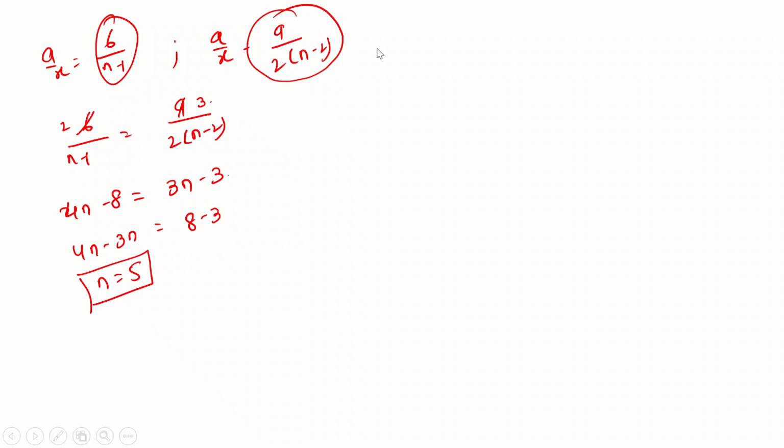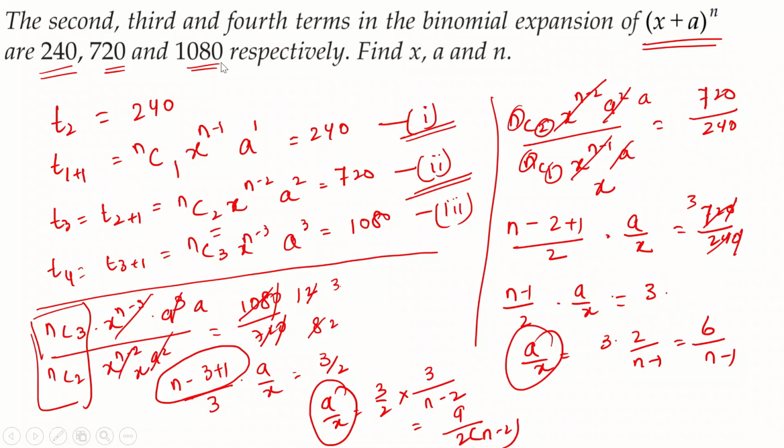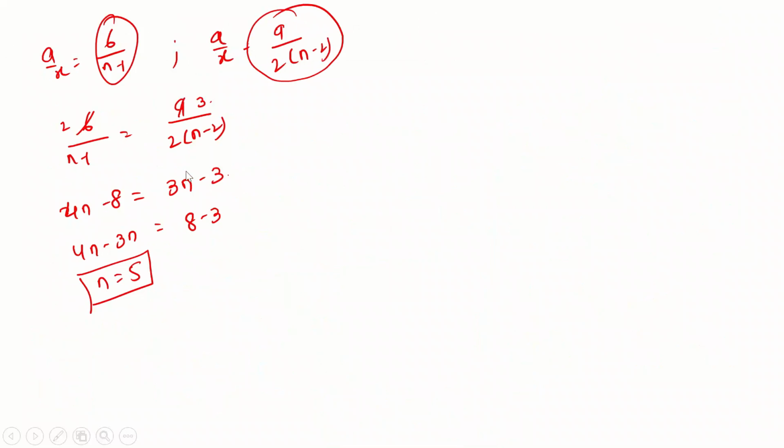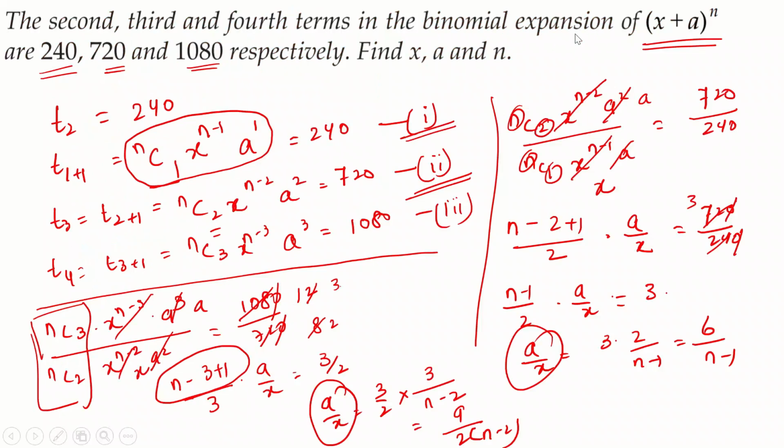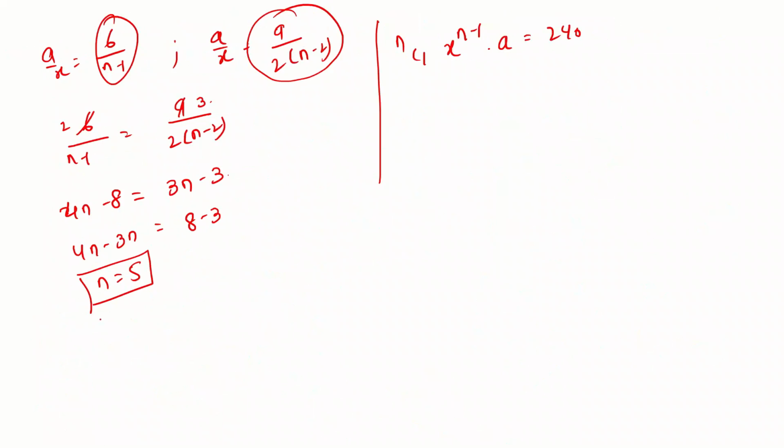Okay, now again take equation number 1. What is equation number 1? nC1 x to the power of n minus 1 into a is equal to 240. So this is the equation number 1. I now have the value of n, so I can put it over here. 5C1 x to the power of 5 minus 1 into a is equal to 240.